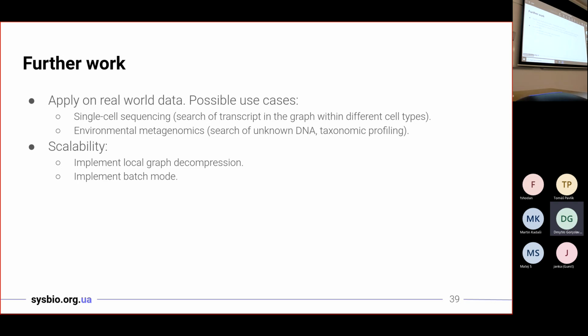Well, I'm not sure if I can properly answer your questions, but as I know, these graphs are typically very large, so they are at petabase scale. And I'm not sure if some sequences are harder or easier to search.